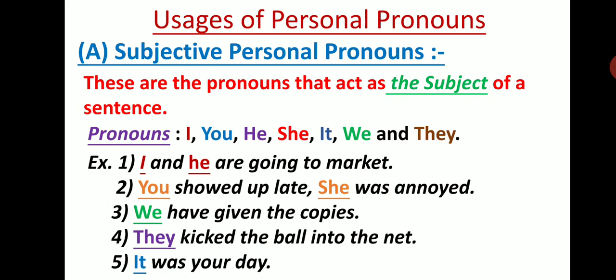Subjective personal pronouns are the pronouns that act as the subject of a sentence. The pronouns are I, you, he, she, it, we and they. Now see some examples.